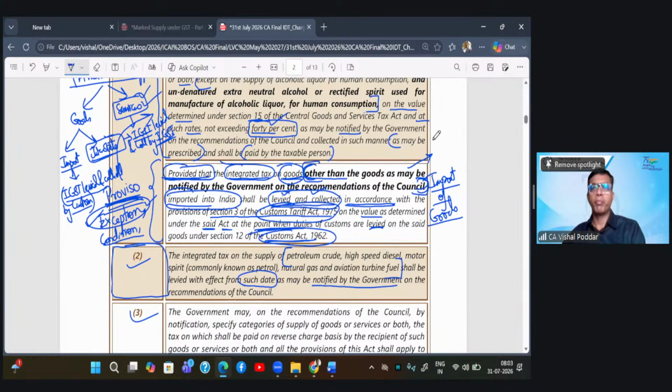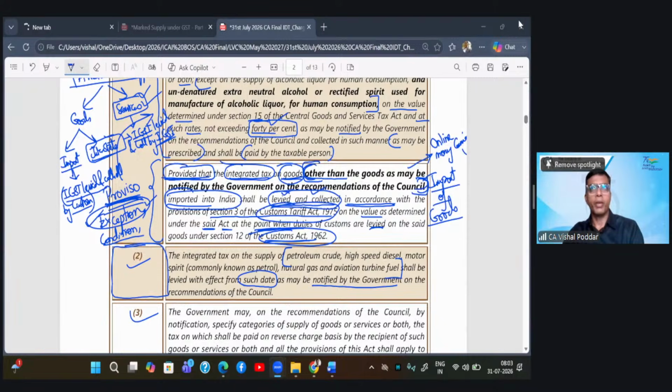So, if you remember, we have this online money gaming, which is put in the definition of specified actionable claim, and it is leviable to GST if this online money gaming is happening from outside India. So in short, you are playing a game on an app or website which is a foreign based company's.